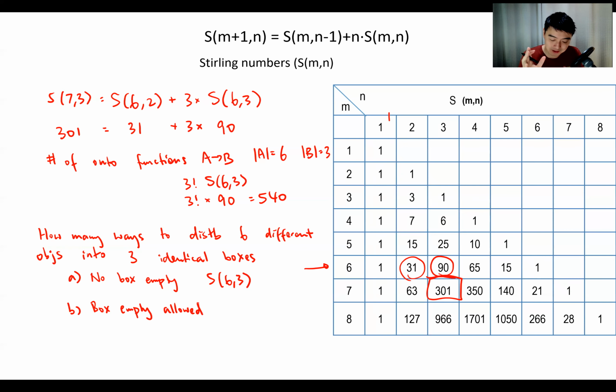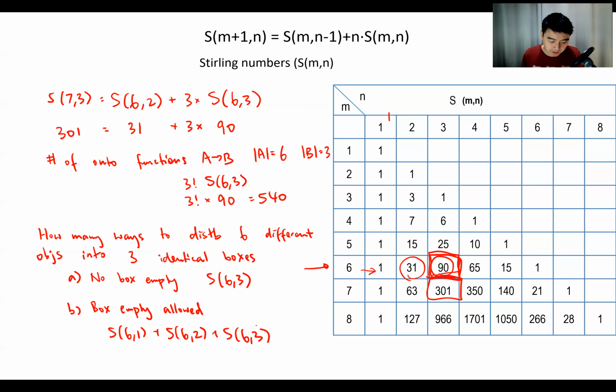So the short answer is that if empty boxes are allowed, then I'm going to take the summation along the row up to the point that I need it. Here the answer is S of 6, 1 plus S of 6, 2 plus S of 6, 3. Again, if you allow empty boxes, you could allow 1 empty box or 2 empty boxes. All right, so that is basically the answer.